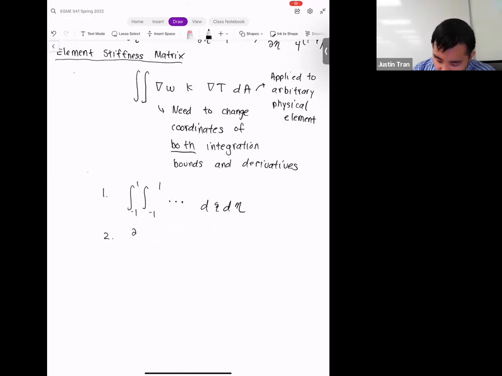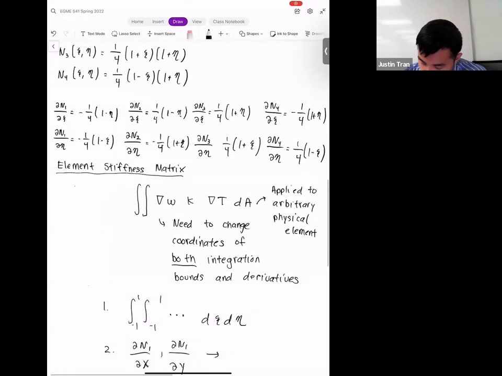Okay, so we know this from 1D that when we take the gradients, we have derivatives like this. So we have partial N partial x, and partial N partial y. And so I'm just using N1 as an example, but of course we would have the shape function derivatives in all the directions, okay?